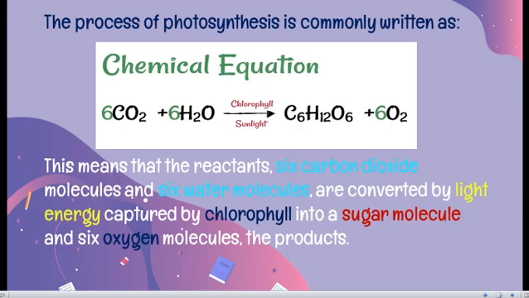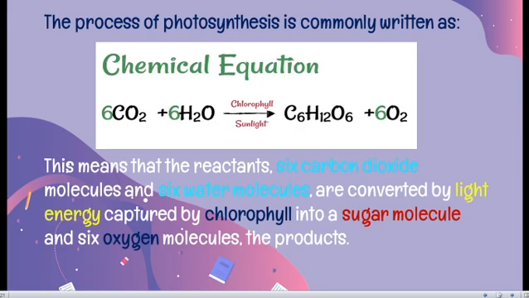So let us see this equation. Carbon dioxide plus water molecule in the presence of sunlight. This reaction happens in the chlorophyll. The pigment present in plants and trees is called chlorophyll, and only in the chlorophyll pigment does this reaction happen. So carbon dioxide plus water in the presence of sunlight gives sugar molecules as well as oxygen molecules as products.